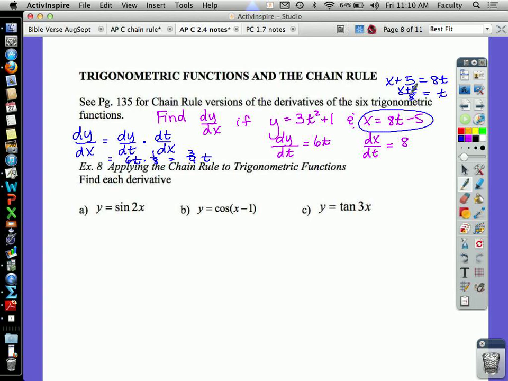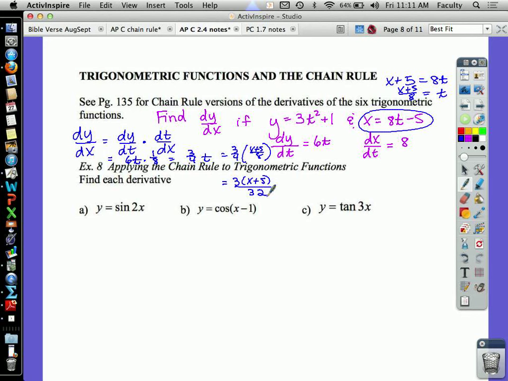Do you guys understand that dy dx has to have an answer that's in terms of x? So then this is going to be 3/4 times x plus 5 over 8. So it's not necessarily a pretty answer, but that's it. Okay, that would be the derivative.